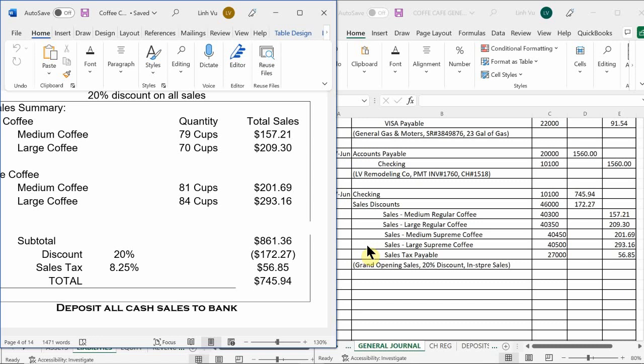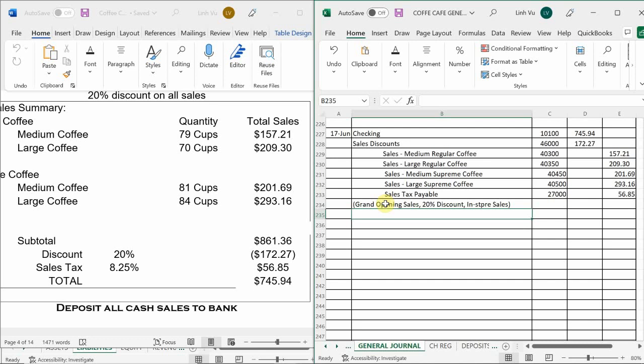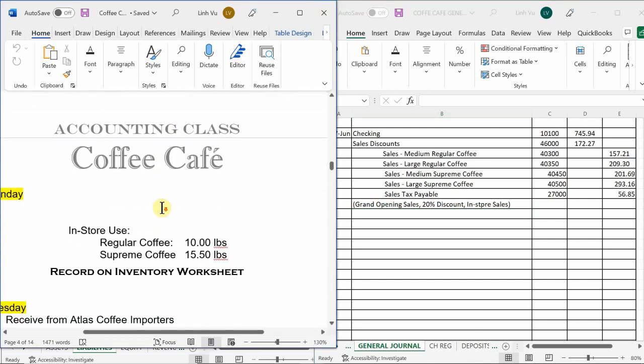Correct, because in this case, how did we keep track of my coffees? How did I want to keep track of my inventory for the coffees? What tracking method did I use? It was perpetual. It is perpetual.